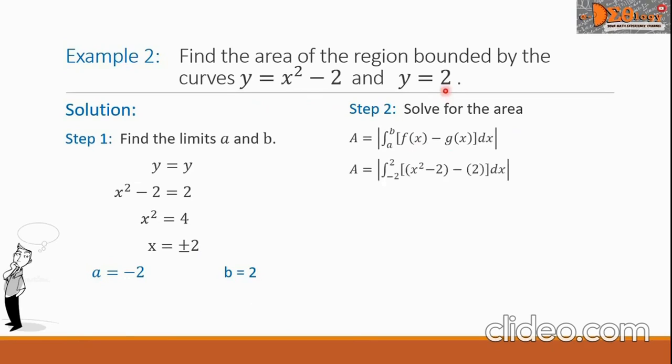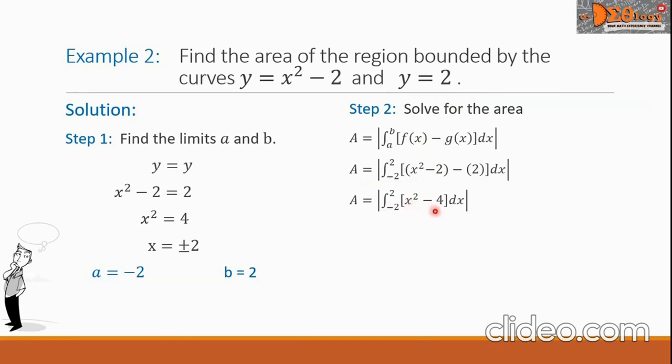Substituting the corresponding values, we have now A equals the absolute value of the definite integral from negative 2 up to 2. Our f of x is x squared minus 2 minus g of x, that is the positive 2. Let us simplify the difference here, and we will get x squared minus 4.